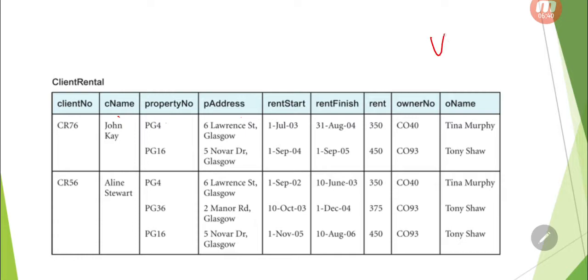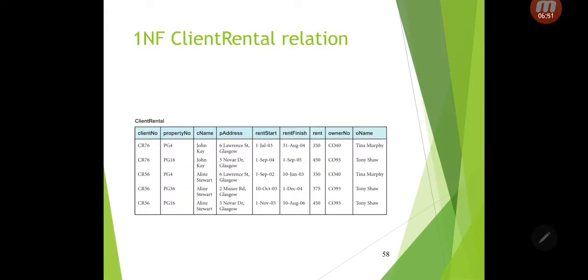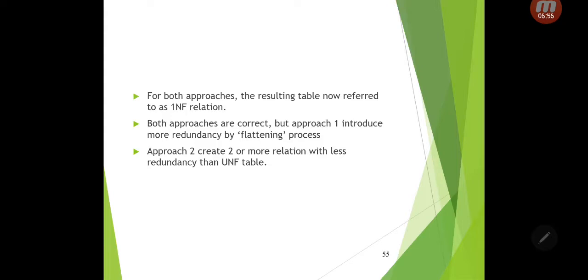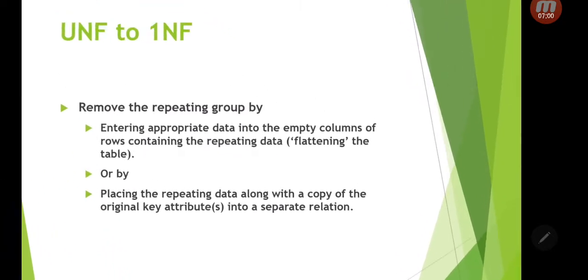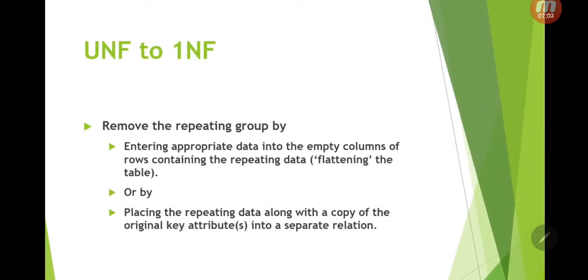This is the unnormalized form. Once you have the unnormalized form in table format, you must transform it into the first normalized form. How do you do this process, unnormalized form to first normalized form? The first one is to remove the repeating group.